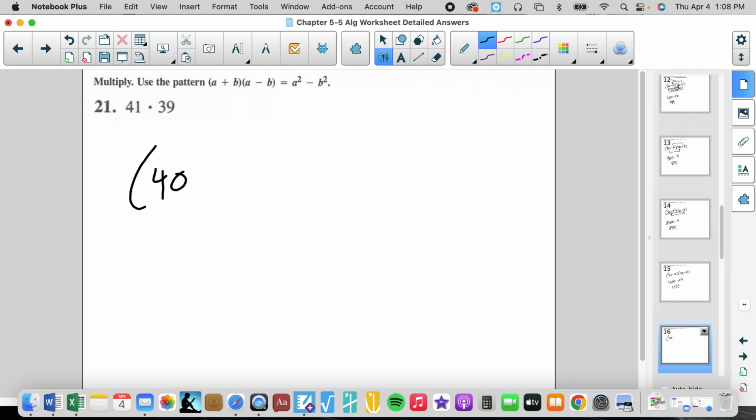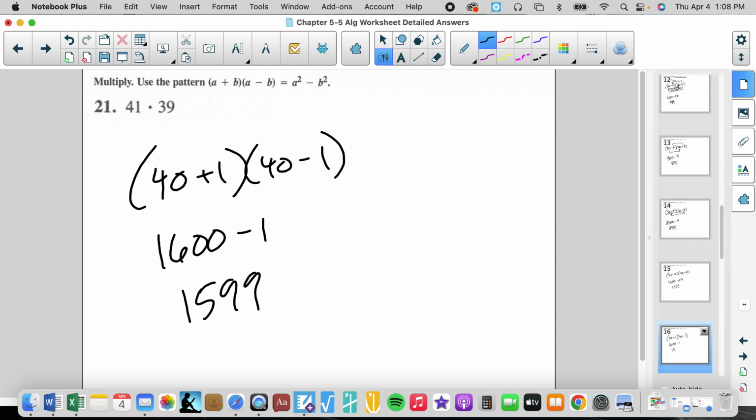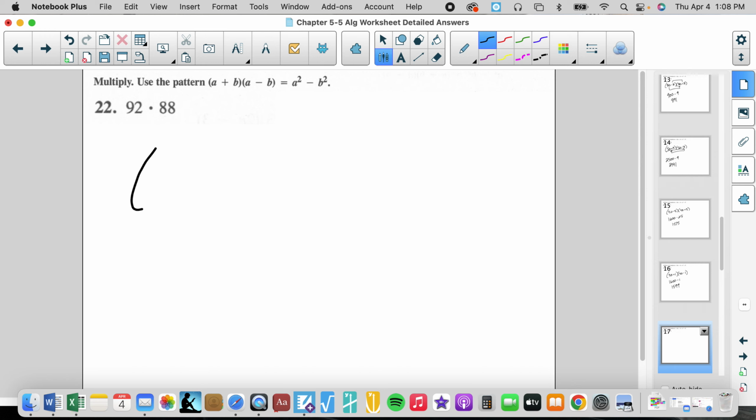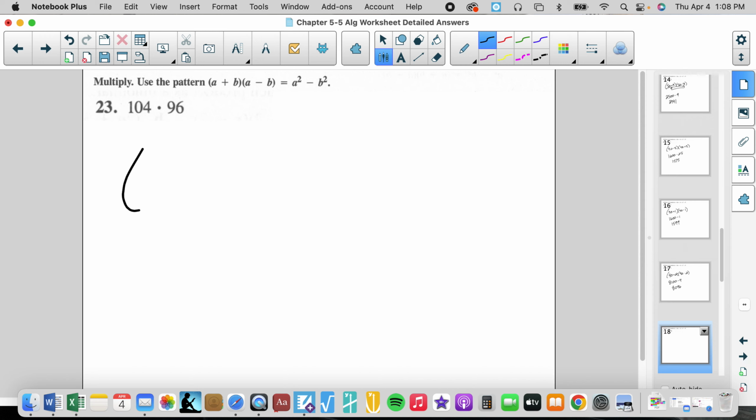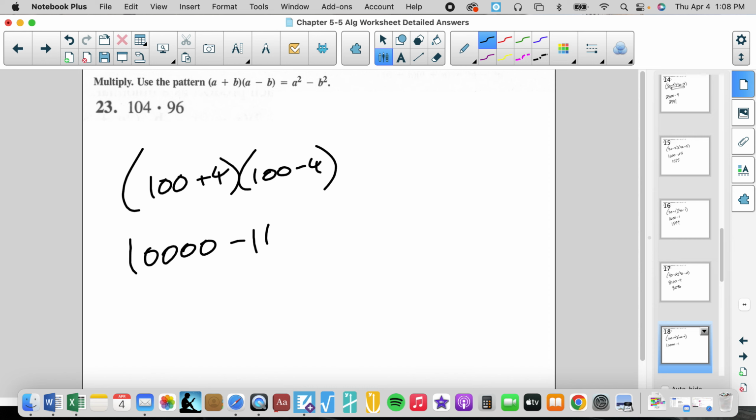I think it's really cool. 40 plus 1, 40 minus 1, 1,600 minus 1, 1,599. 90 plus 2, 90 minus 2, 8,100 minus 4, 8,096. 100 plus 4, 100 minus 4. That is going to be 4 zeros, 10,000 minus 16, which is 9,984.